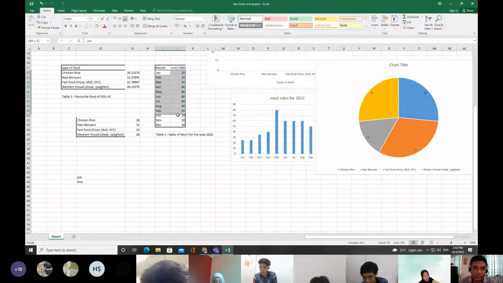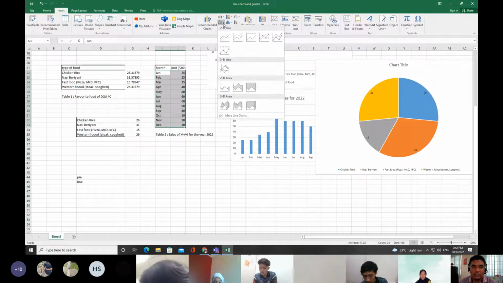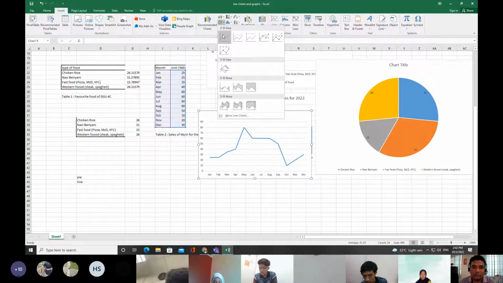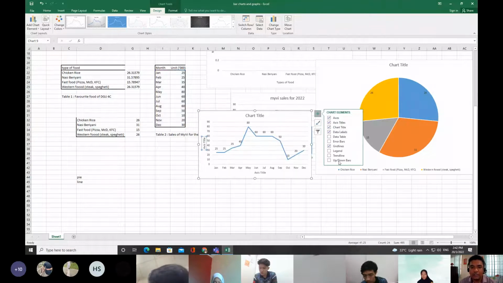So for line charts, highlight, insert, pick a line chart. Again, as usual, axis title, data labels. Fill in later. The title is line chart 1, sales of MyVi.